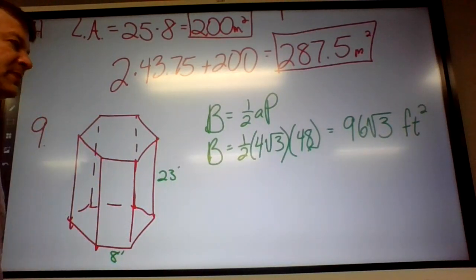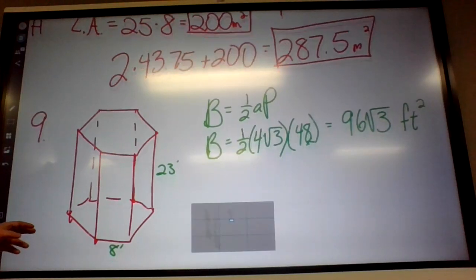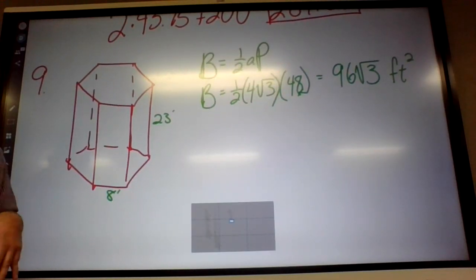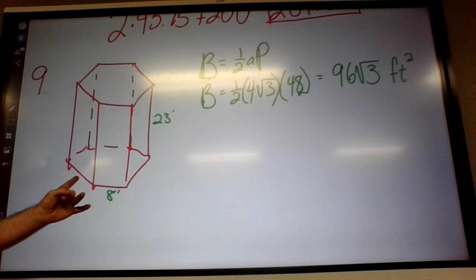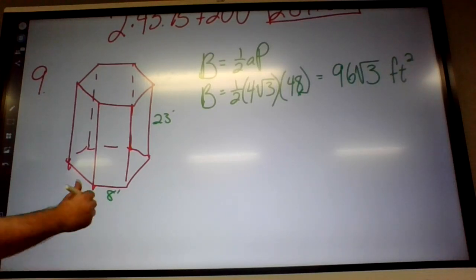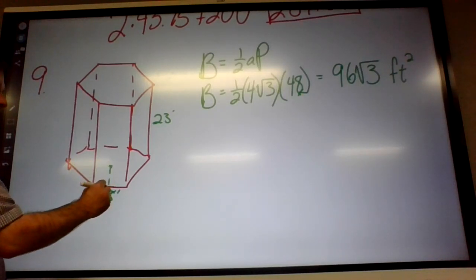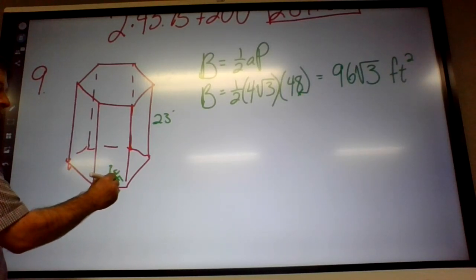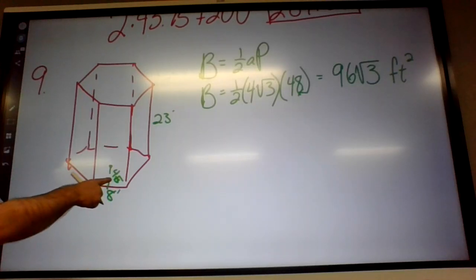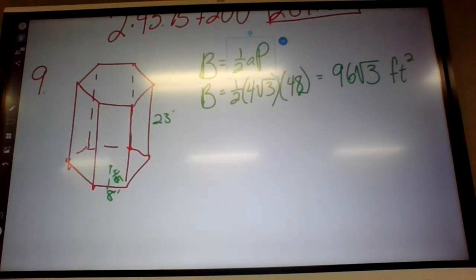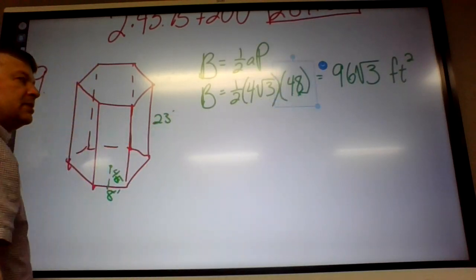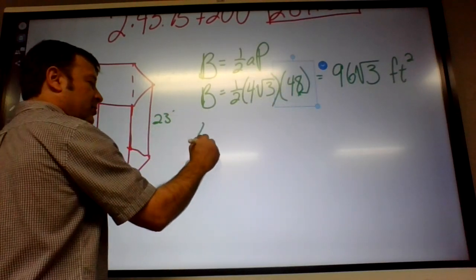If you put the decimal answer, you'd still get it right. Basically, what was hard about this one is they did not give us the apothem, and I just found it a second ago. It was 4 square root of 3, so I just plugged that right there. The perimeter is 8 times 6. That's right there.